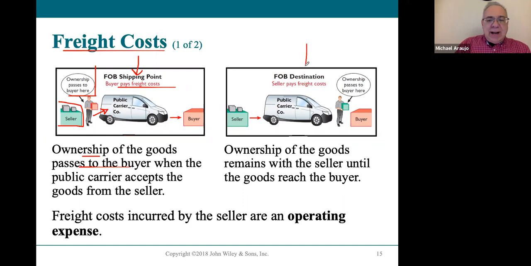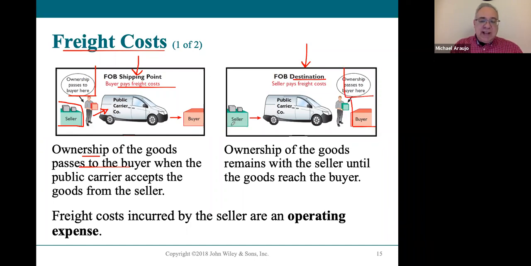The other possible option is something called FOB destination. It is used on occasion, although it's not as frequent. FOB destination is just the opposite. The ownership doesn't transfer from the seller to the buyer until it gets to the destination, right? So in the case of Sock Stereo, who is in Illinois, that merchandise would have to go all the way to Illinois and get dropped off at their location for them to actually say, we own it.